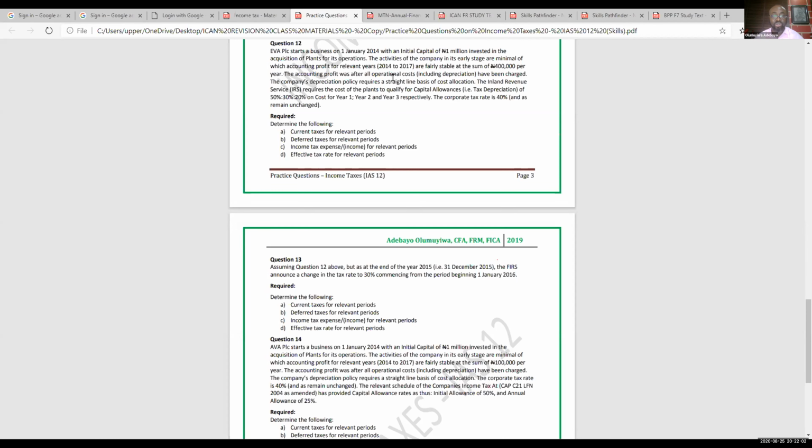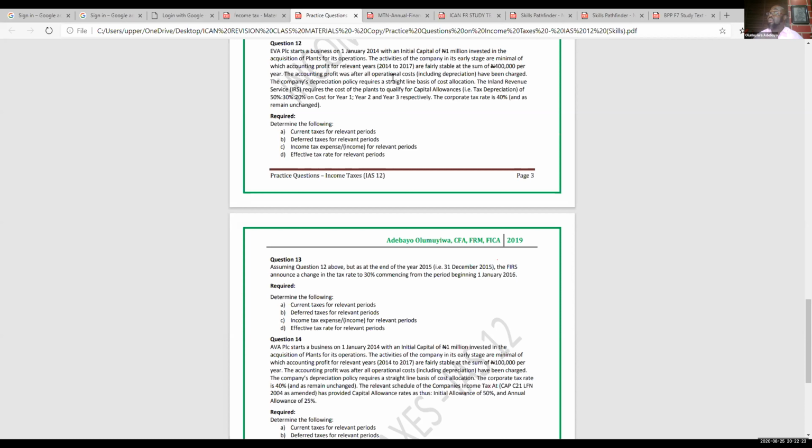Therefore, this alone will create a timing difference in the recovery of the assets. Likewise, the basis for depreciation is straight line, which means equal amounts of depreciation, whereas for capital allowance, it's more or less like a reducing balance: 50% in year 1, 30% in year 2, and 20% in year 3.